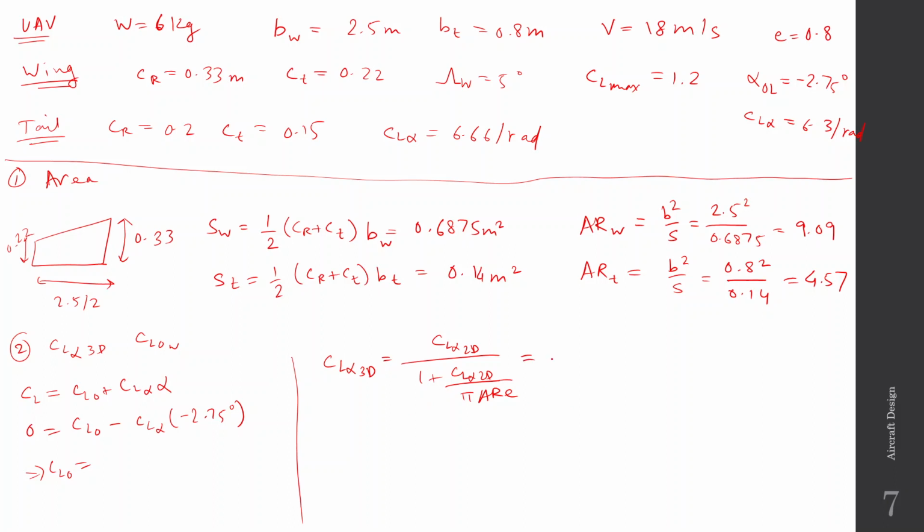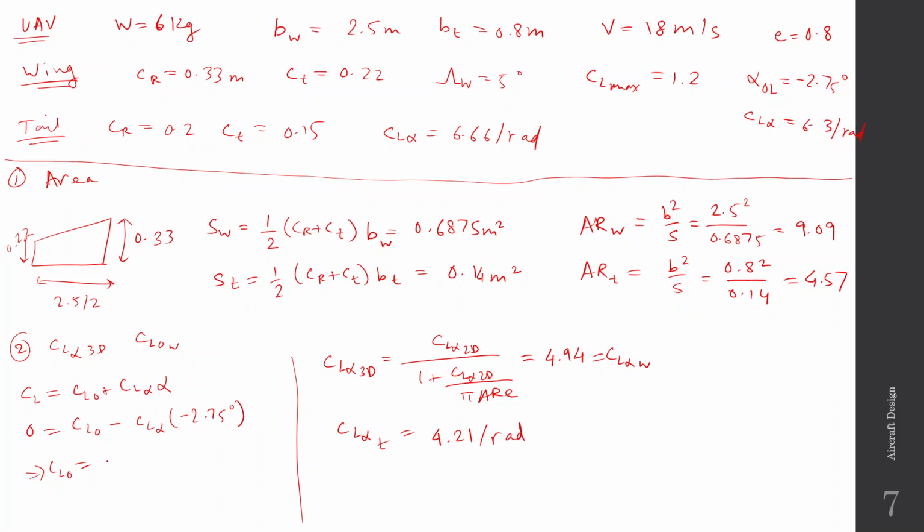So when you substitute all these values, you will get CL alpha wing as 4.94, and similarly CL alpha tail will come out using the same formula with the tail values. Both are in per radian.